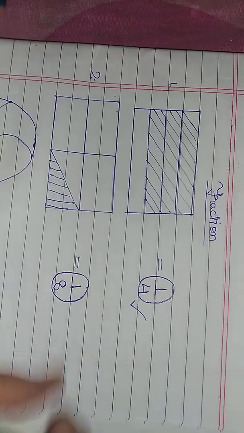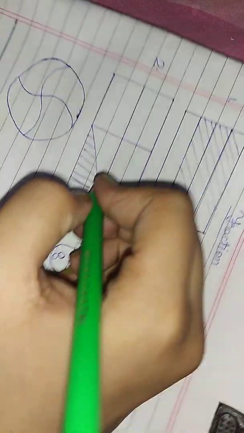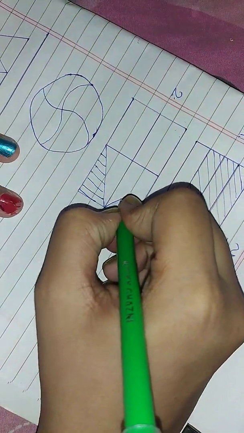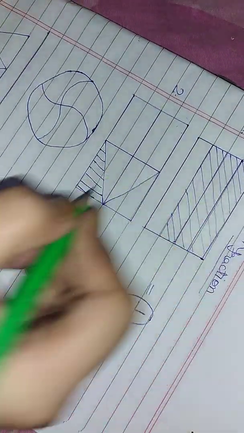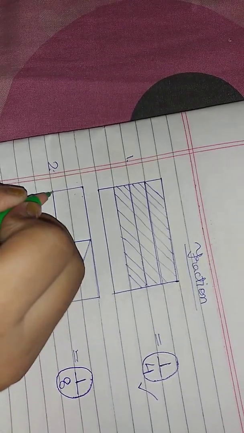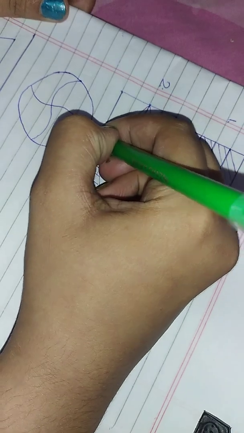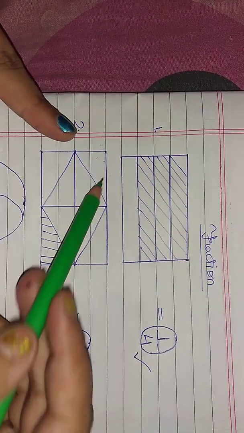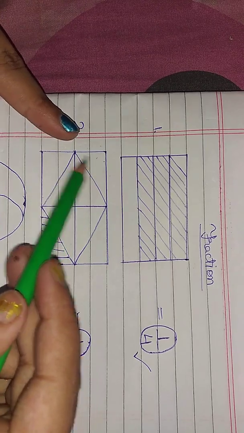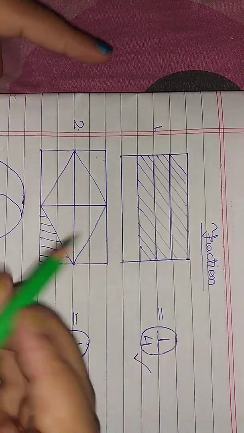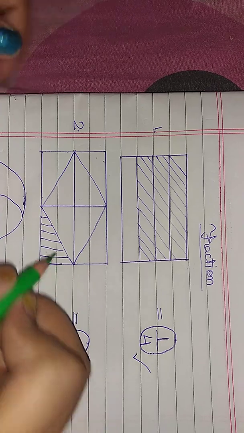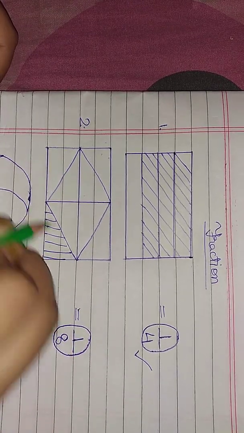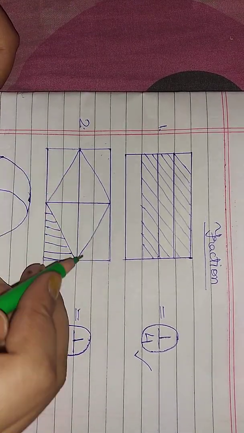So you all see, I have made a line. Now we have to do it on all 4 sides. Now every box is equal, because first the question was in half and these lines were not there.